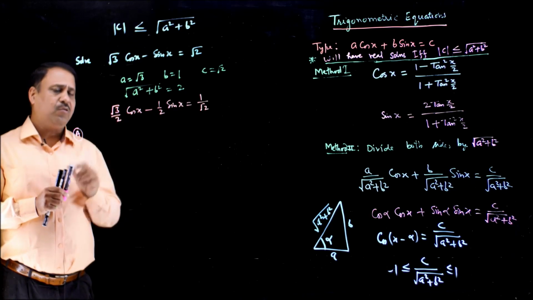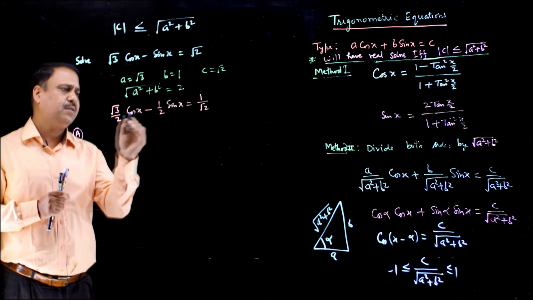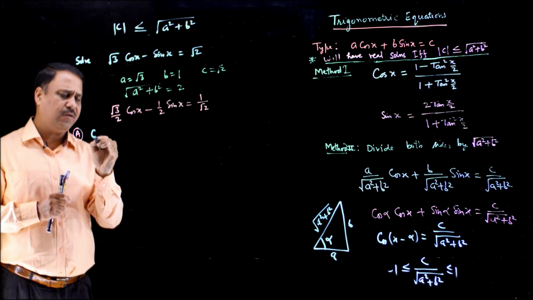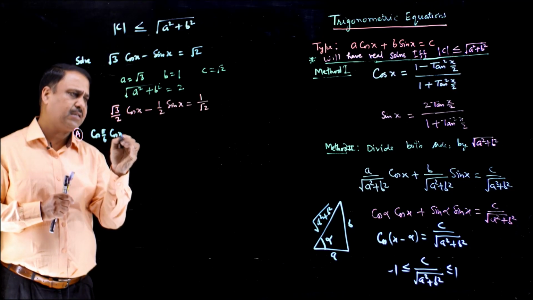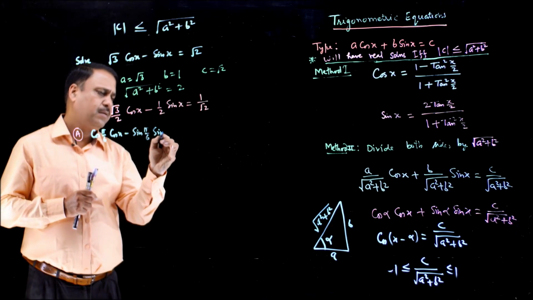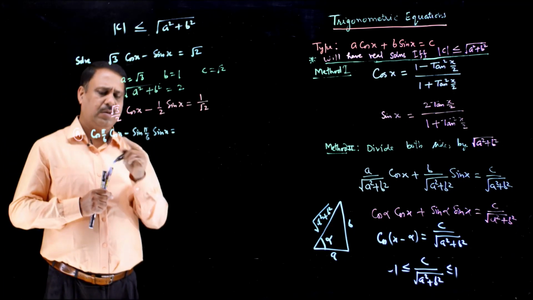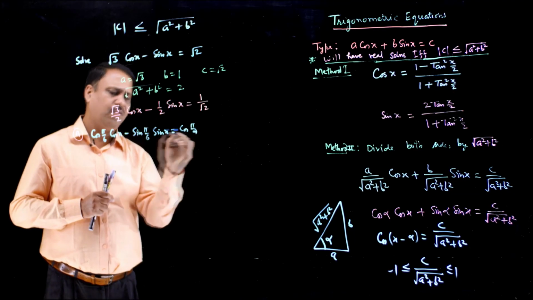I can write under root 3 by 2 as cos pi by 6, and this is sin pi by 6. So I can write cos pi by 6 cos x minus sin pi by 6 sin x is equal to cos pi by 4.